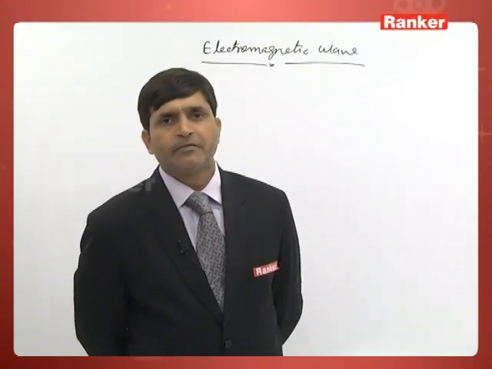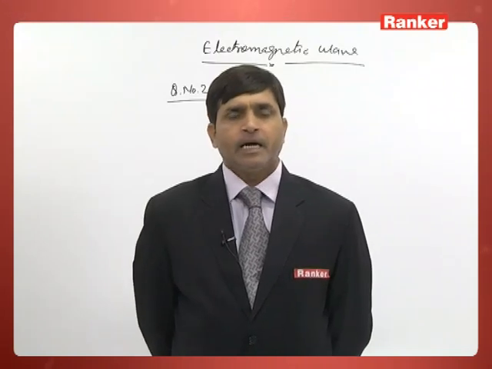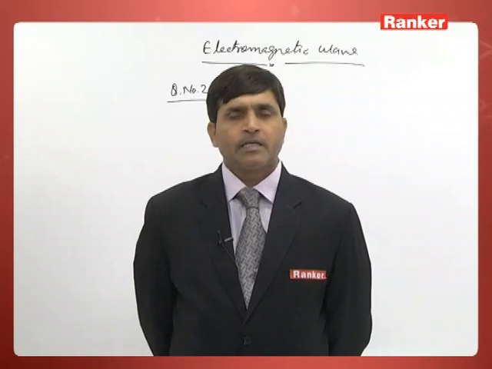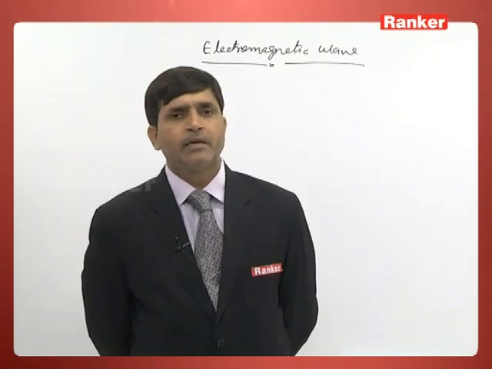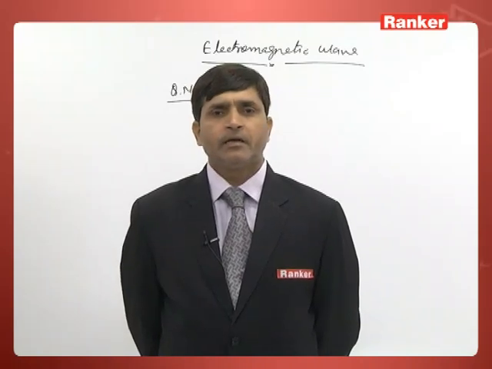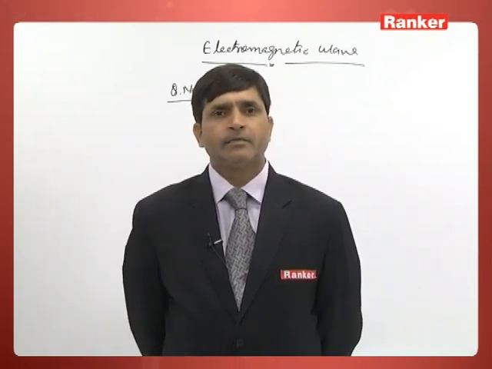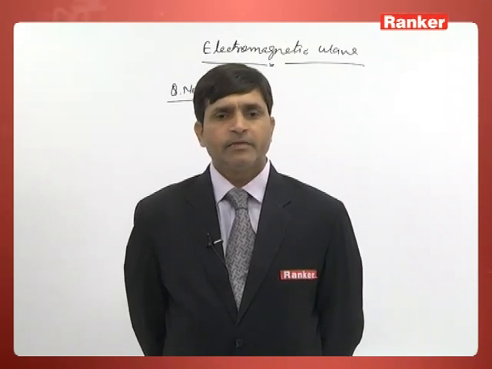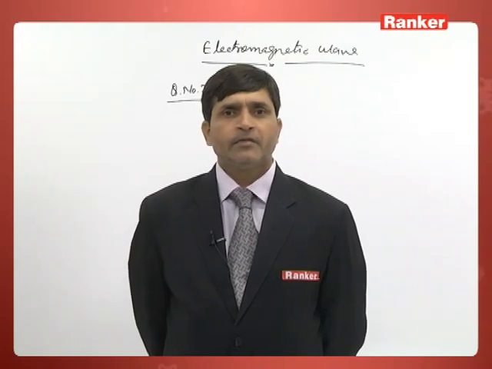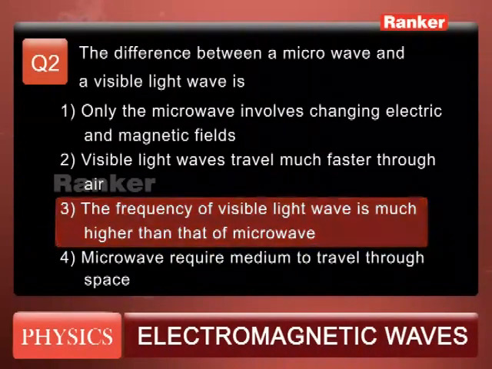These waves are differentiated on the basis of their energy, and energy comes by the frequency of the source. So the microwave can be differentiated from light wave on the basis of their energy, and energy differentiation comes by the frequency. So we can say the microwave can be differentiated by the frequency. So our third option is the correct option.